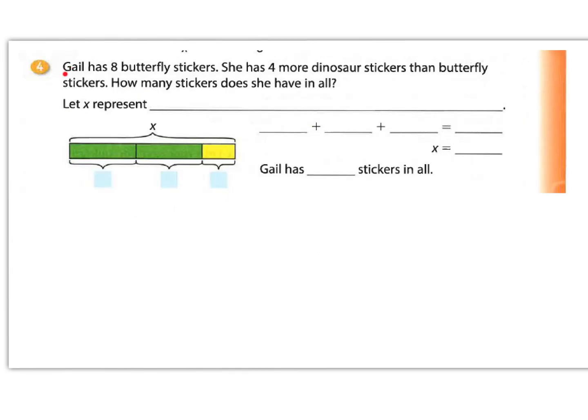Okay, in this problem it says Gail has 8 butterfly stickers. She has 4 more dinosaur stickers than butterfly stickers. How many stickers does she have in all? Well, x is going to represent all of her stickers. So we will write x represents the total number of stickers. Well, she has 8 butterfly ones, but then she has 4 more dinosaur than butterfly.